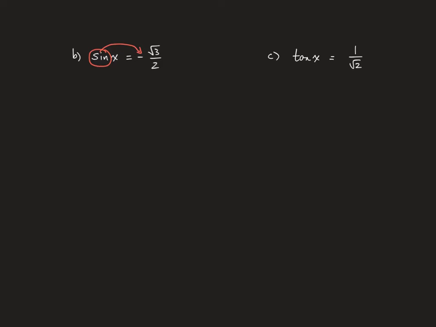I notice that my ratio is negative. And if my opposite side is negative, that tells me that my rotation, my terminal arm, must put me down. And so right away, I know that my terminal arm must be in quadrant 3 or quadrant 4.